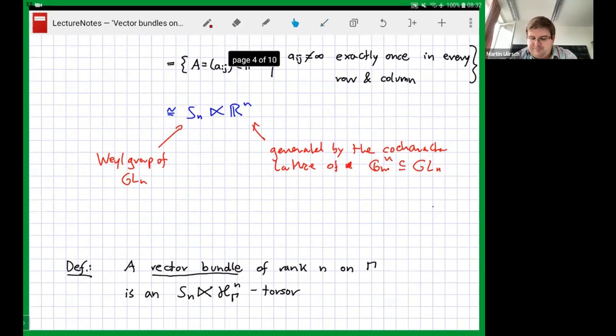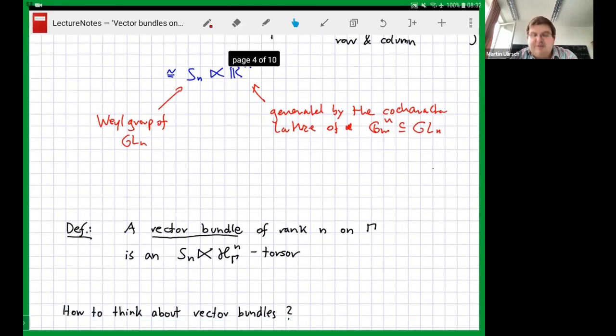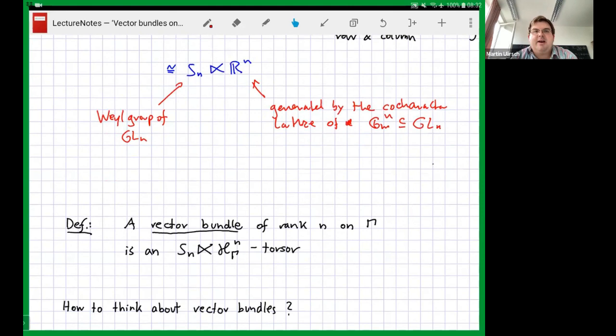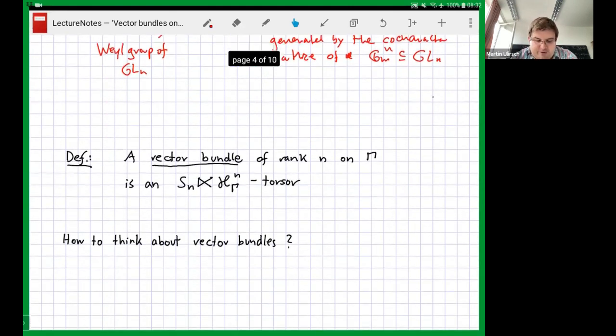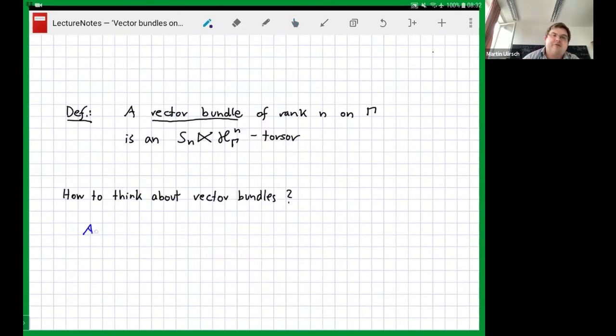Okay, so this is a vector bundle. The first question one could ask is, how should we think of these objects? One way to think about it, and maybe the first way one can come up with, is that vector bundles up to isomorphism should be in a natural bijection with the non-abelian cohomology H1 of Gamma with coefficients in Sn semi-direct product Hn.